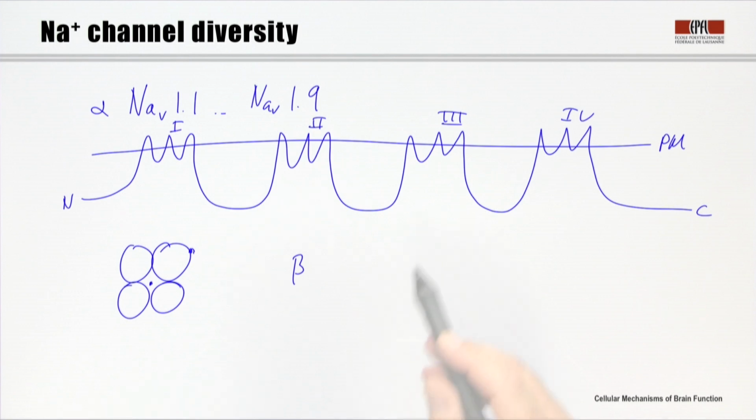There's also some diversity in terms of the time course of the voltage-gated sodium channel, and in particular, some subtypes of voltage-gated sodium channels have much less inactivation than what we've discussed.